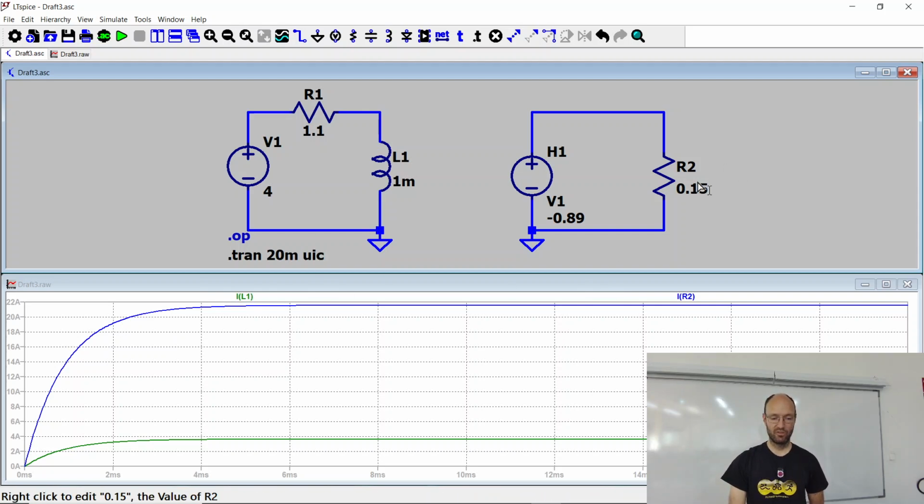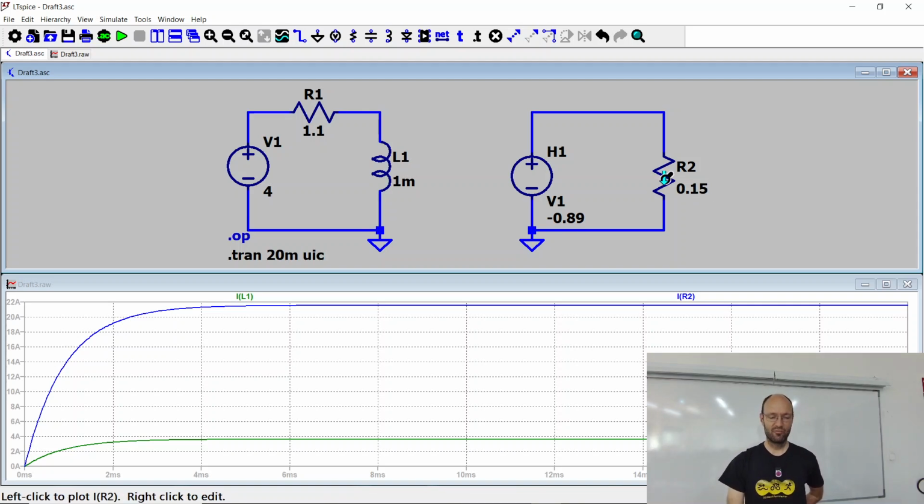Just that the current here is, yeah, interestingly, why is it larger? You have gain. Yeah, but the gain is minus 0.8. But the resistor is lower. It's 0.15. Ah, but the resistance is lower, of course, and that's why we have a gain.